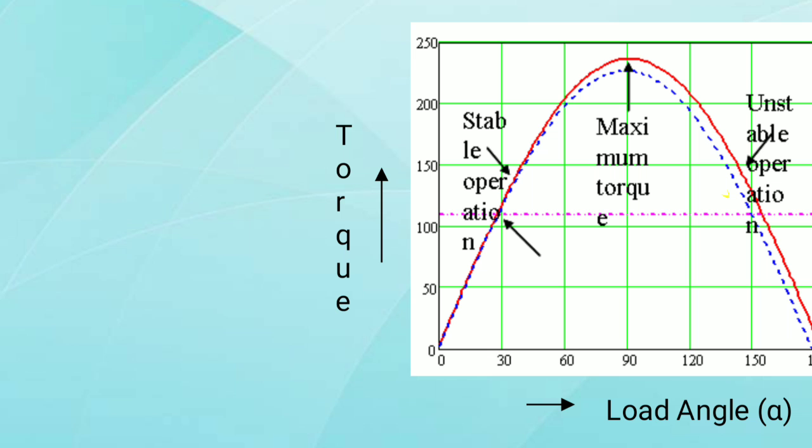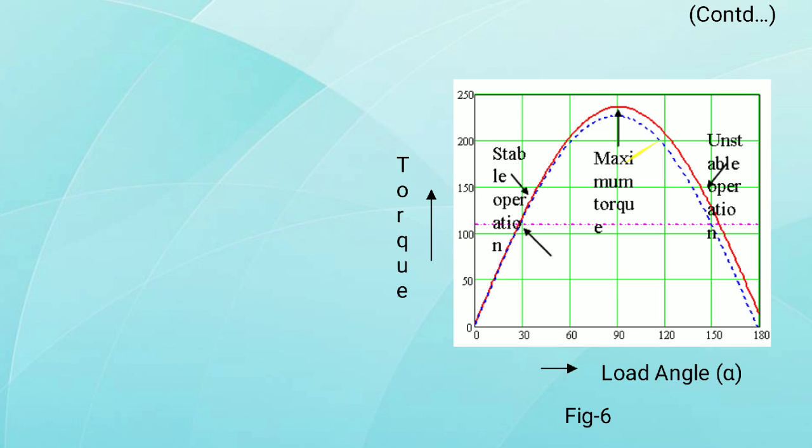Observe here that up to 90 degrees the operation is stable, up to the maximum torque. After that the motor operation is unstable. Here the load angle is taken on the x-axis and the torque on the y-axis.